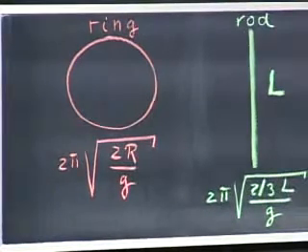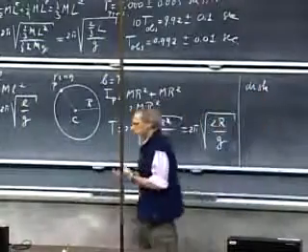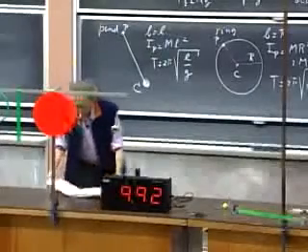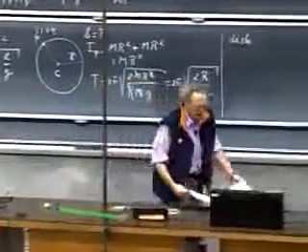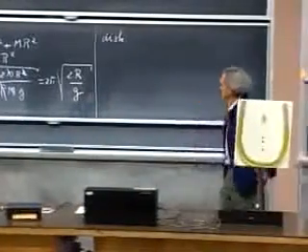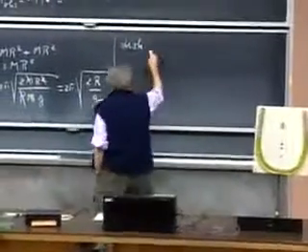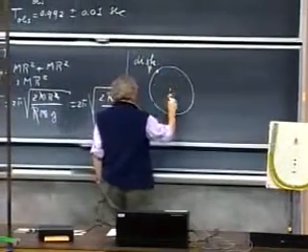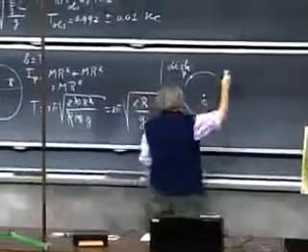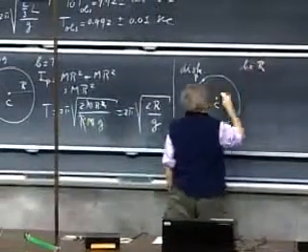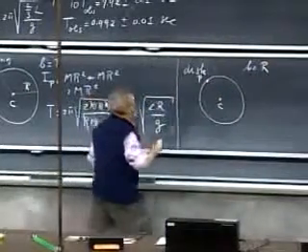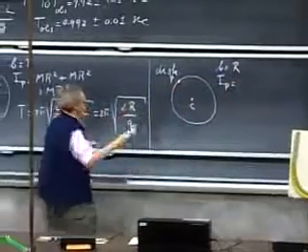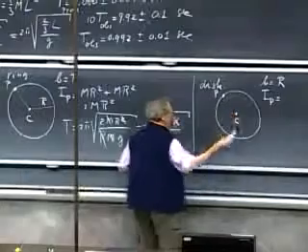And I now would like to do the disk, last but not least. For the disk, all we have to do now is calculate the moment of inertia. This was very close to the problem you had on the exam. So here you have the disk, solid disk. This is point P, this is the center of mass, but now it's solid. So again, B is R, the separation between C and B. And the moment of inertia for rotation about point P is now the moment of inertia for rotation about the center of mass, which you look up in a table.